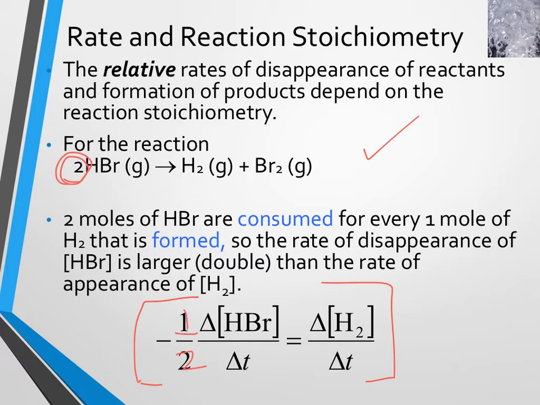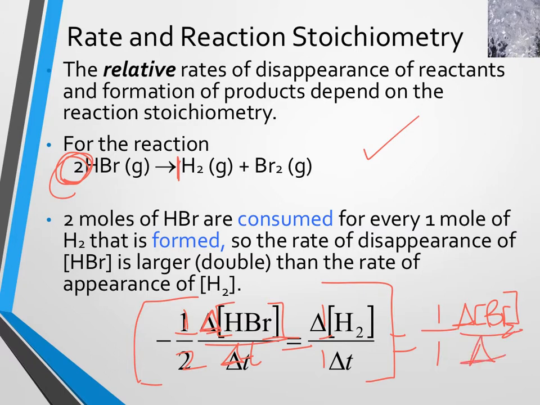So 1 over 2 times the rate with respect to HBr, which is the change in concentration of HBr over change in time, equals, and of course there's only a 1 in front of hydrogen, so you can think of it as 1 over 1 or just leave it out. And if we were to include bromine, it would be the same thing. So that's a simple math equation, but it's used pretty frequently.